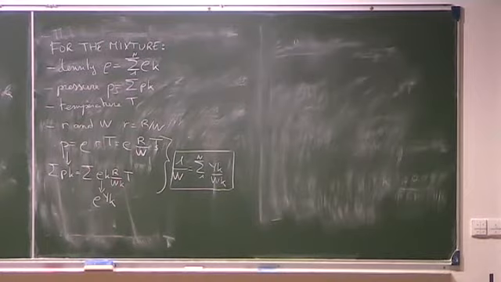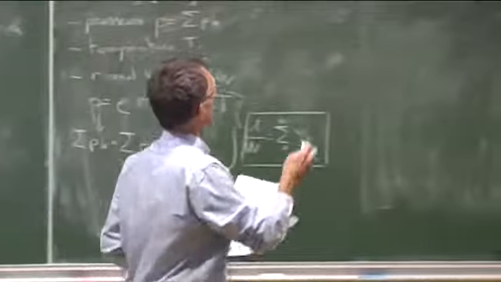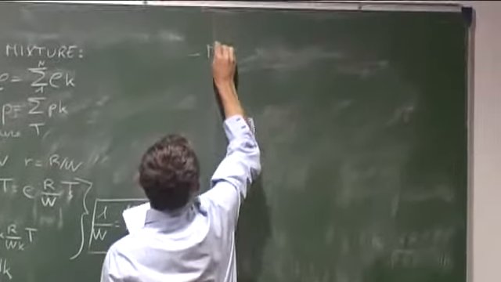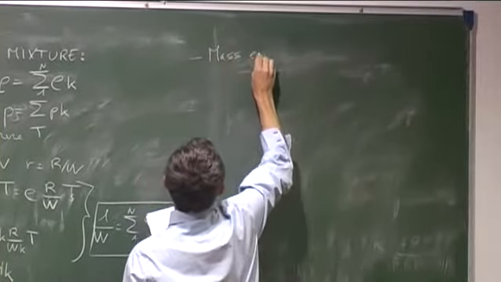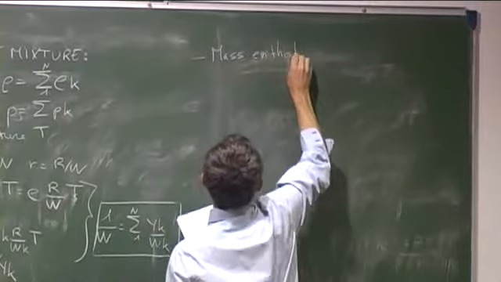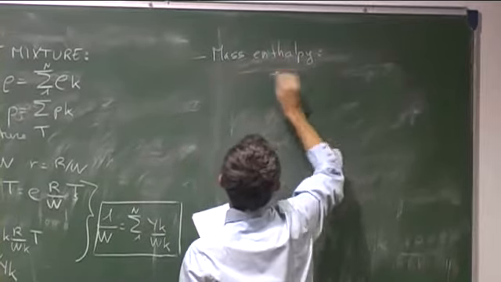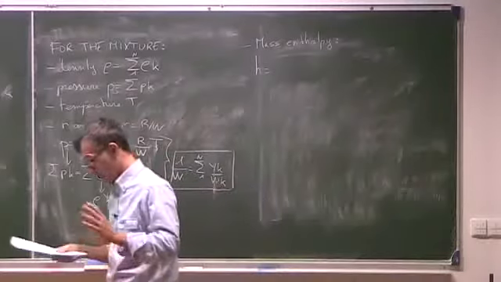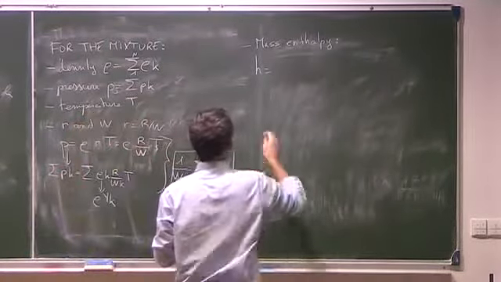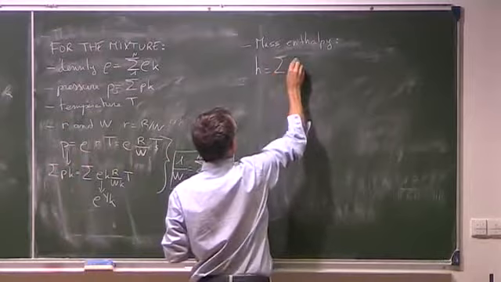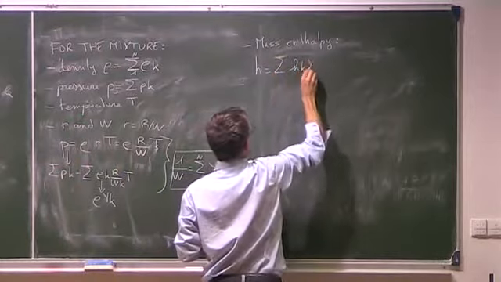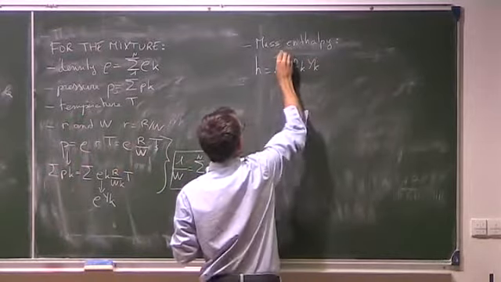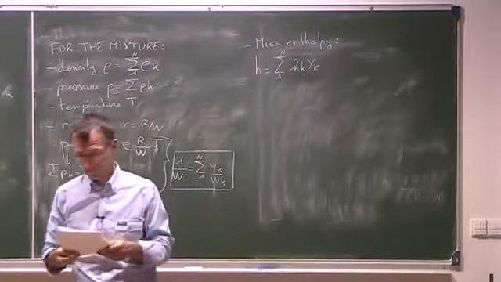Okay, so now I need to talk about enthalpy again. The mass enthalpy of the mixture will be H, the total enthalpy, and it will be linked to the enthalpy of all the individual gases by this expression. It's the sum of 1 to n of Hk Yk.